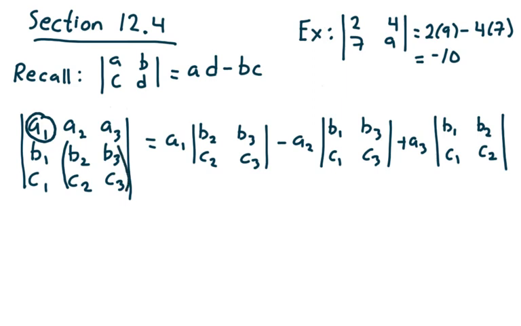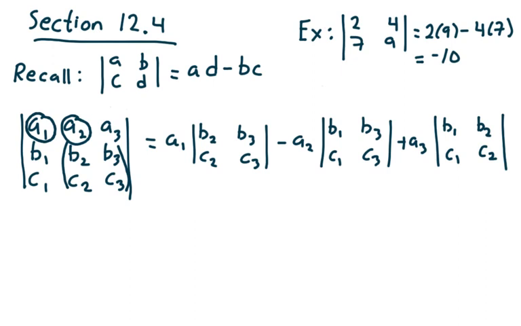Then I'm going to go minus A2, that's this entry right here. I'm going to eliminate the row and the column that contains the entry A2, and multiply by the determinant of the submatrix B1, B3, C1, C3.